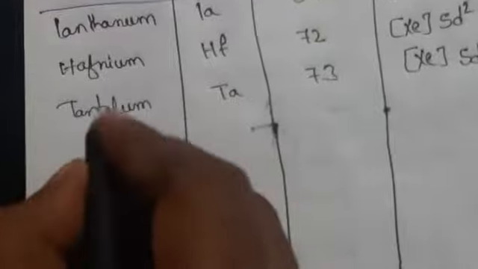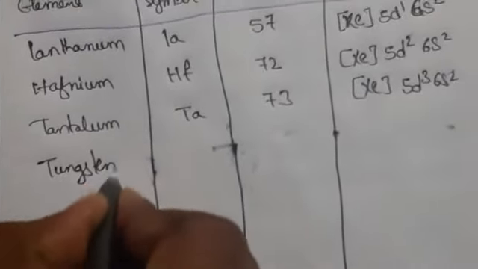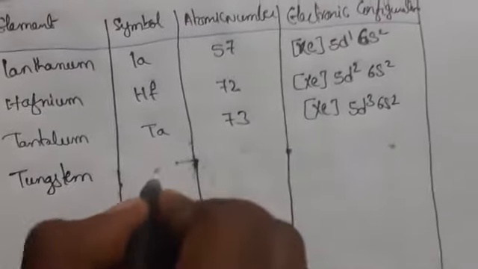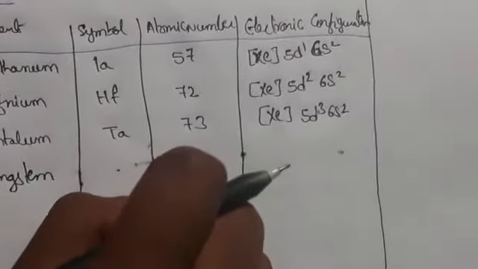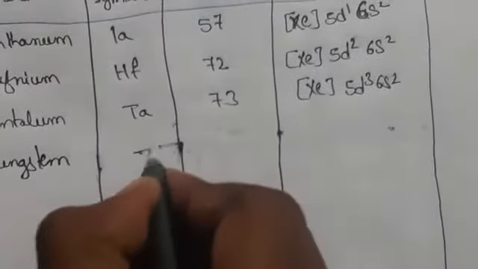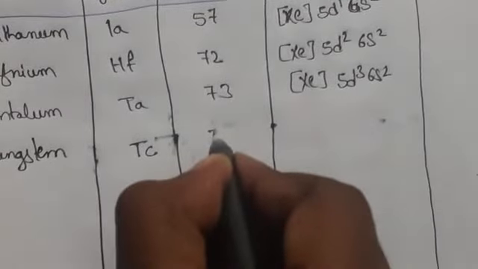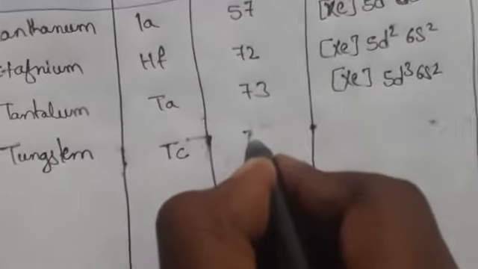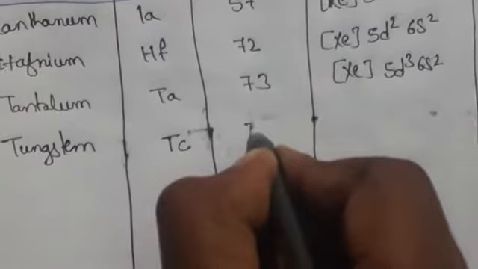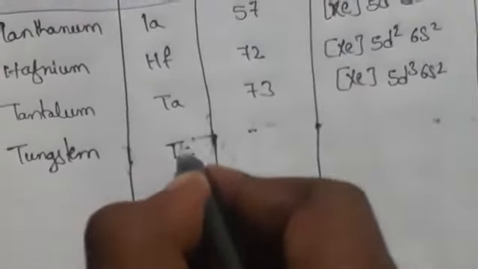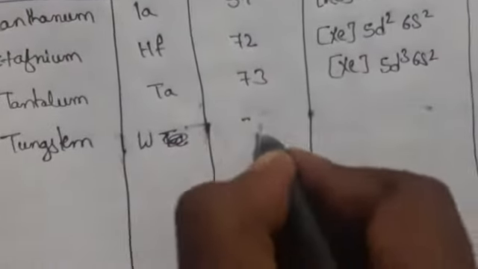Next one tungsten. Symbol is W, atomic number 74.